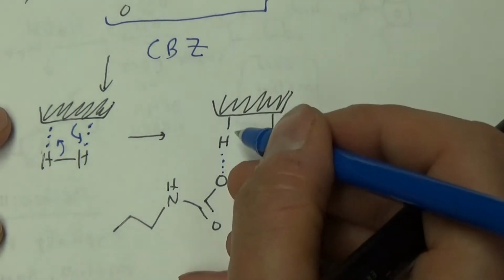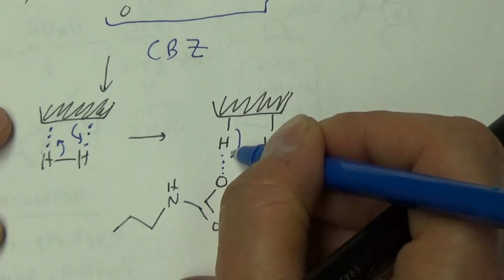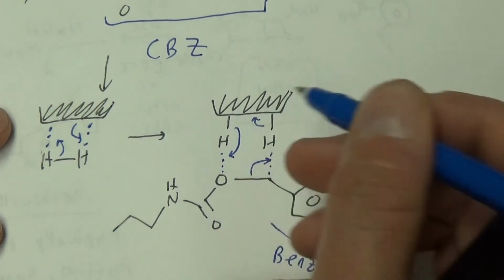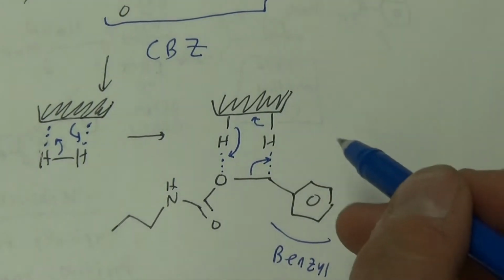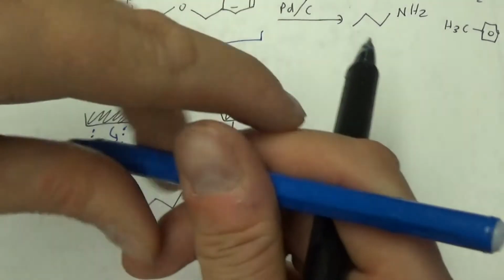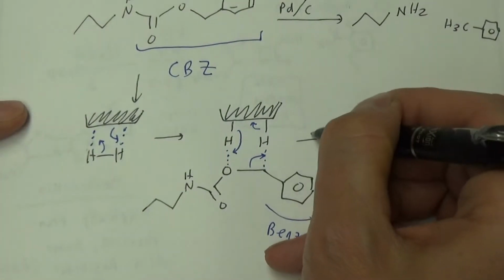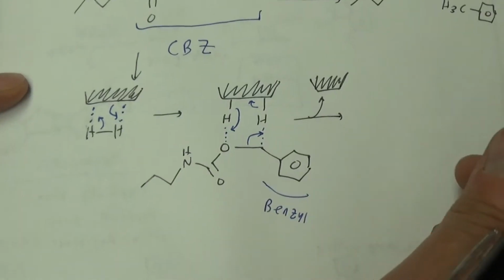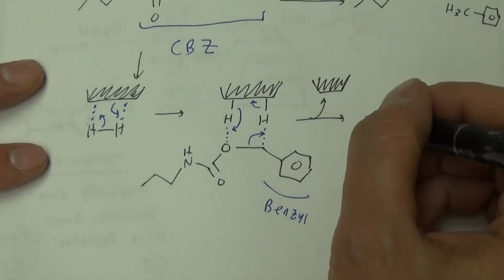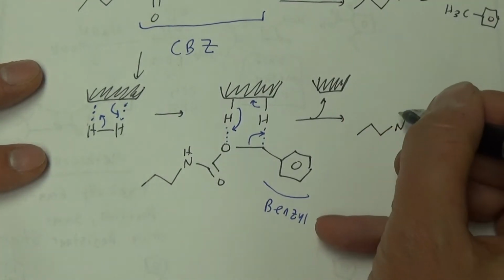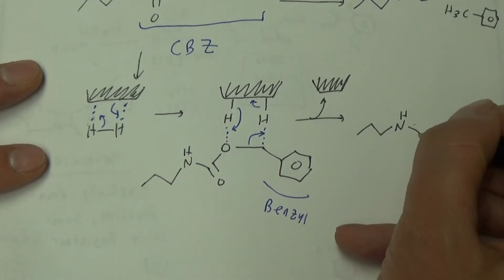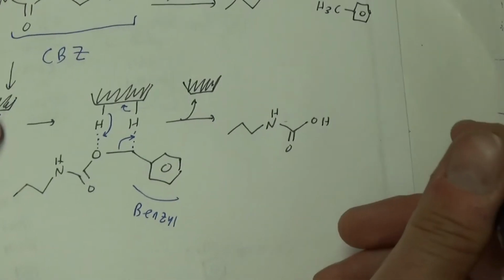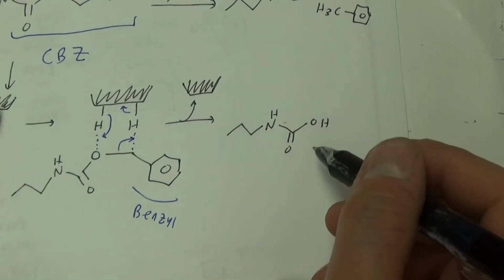The way it does that is arrow, arrow, arrow, and that regenerates the catalyst, which is palladium. So palladium goes in, palladium goes out, and then we get this thing.